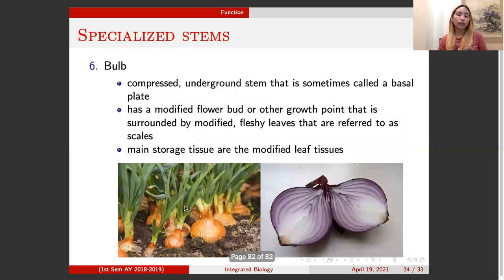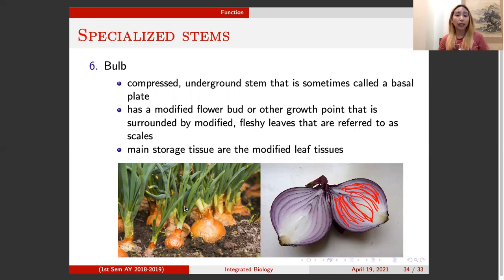Alright? So the difference between bulb and corm, even if they look alike, so this is onion naman, as you can see here, is the main storage tissue of bulbs would be their modified leaf. So makikita nyo dito, yan ay mga leaf. Right? So these are modified leaves of the bulbs. Okay, so they are compressed, they are also underground, and they are sometimes called basal plate.